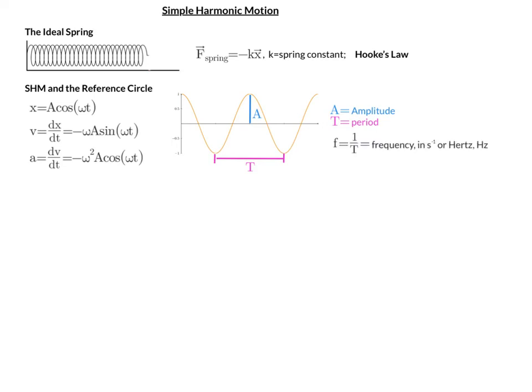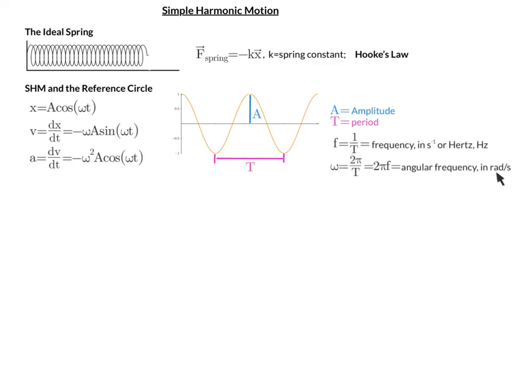Then 1 over the period is the frequency, and frequency is measured in inverse seconds, and there's a special unit for that called hertz, and the symbol is just Hz. Then angular frequency is 2 pi over the period, or 2 pi times the frequency. This is called angular frequency, and it's measured in radians per second.